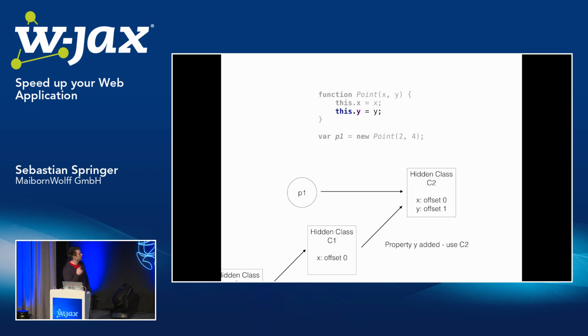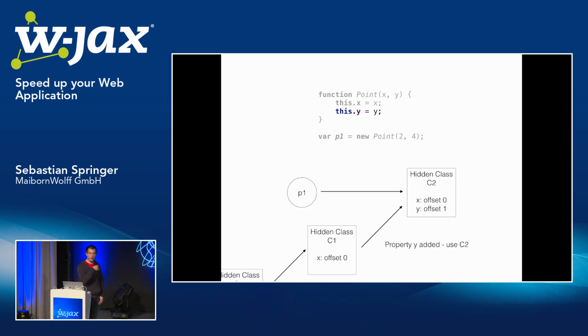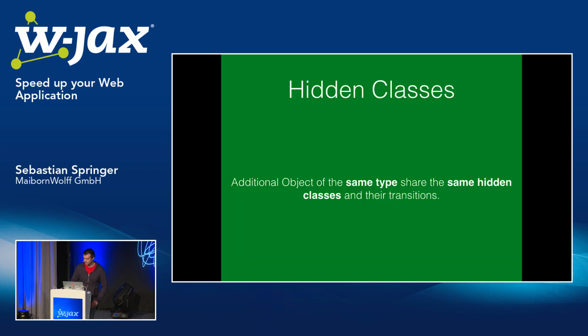If you access Y in the first place and then X in the second place, or the other way around, the optimization of the engine is not true, because you don't follow the same path, and then the optimization is reverted. And this is true for all the properties as soon as you access them for the first time. And then you can access them in whichever order you want.